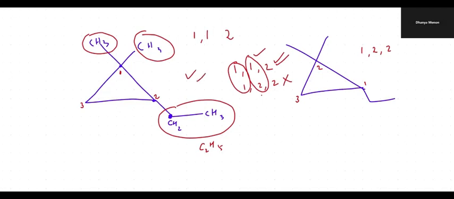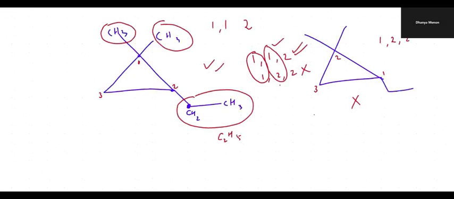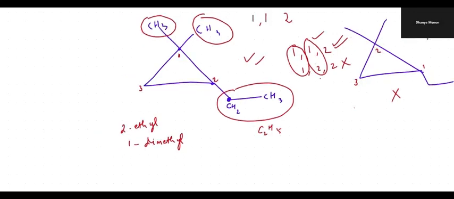Okay, I hope I'm clear. So we will not use this numbering, because we will use the first point of difference. So according to this, at the second position, we have ethyl. And at the first position, sorry, we have dimethyl, or we say at the first position we have 2 methyl groups.